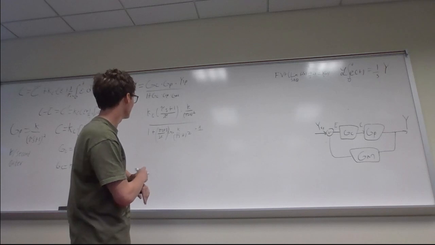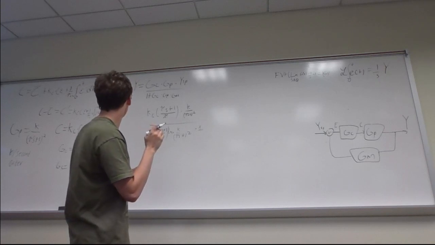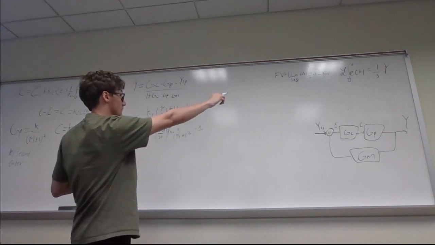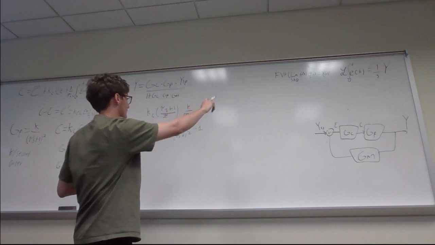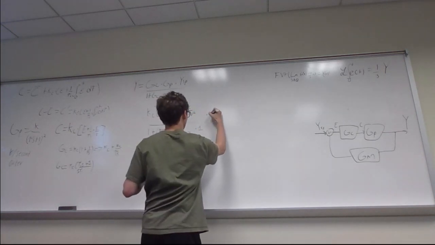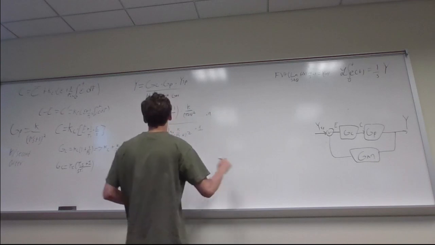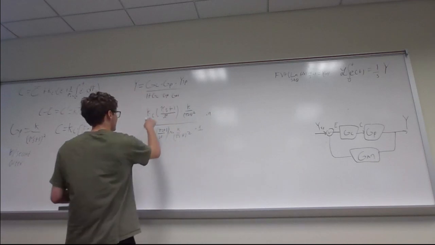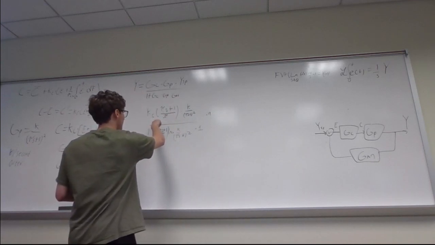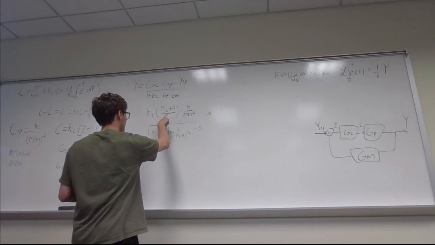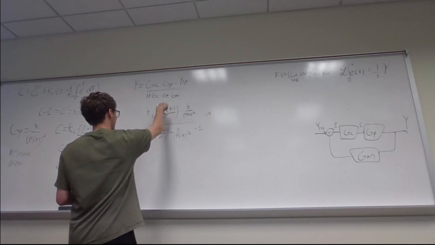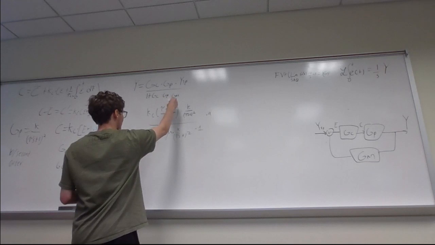So as s approaches 0, there's going to be an A down here. Let's look. S approaches 0. This is going to be infinity. Well, this is going to be 0, right? So this is going to be negligible, but we're going to have 1 survive.